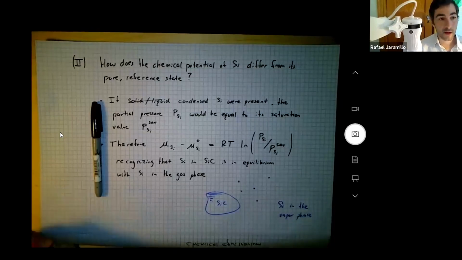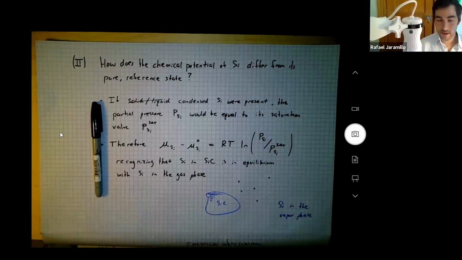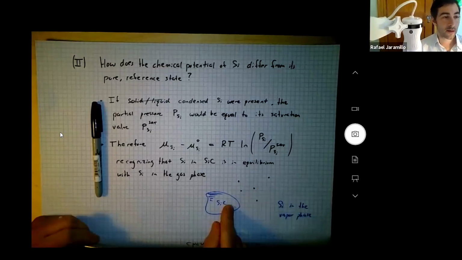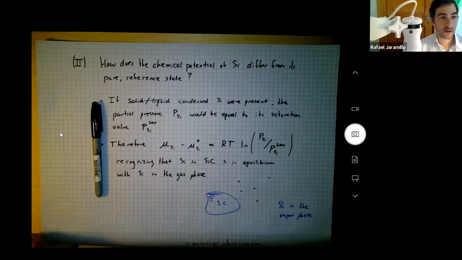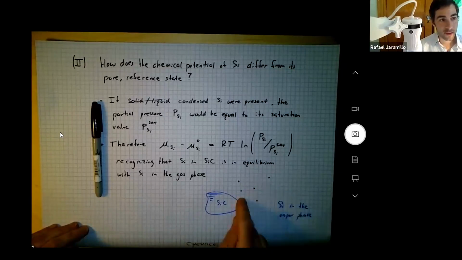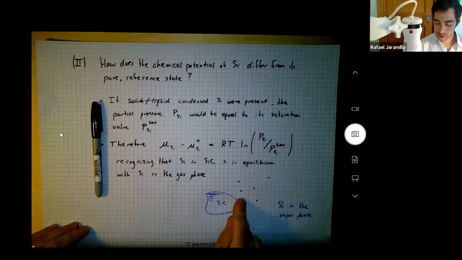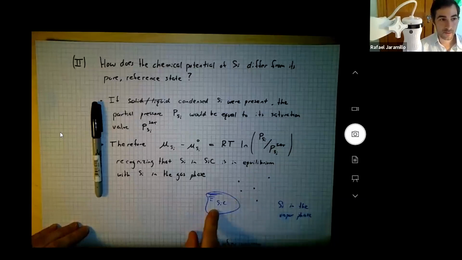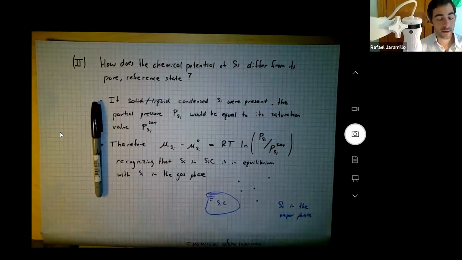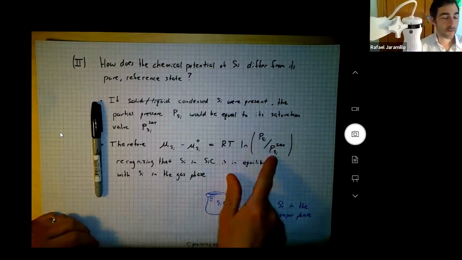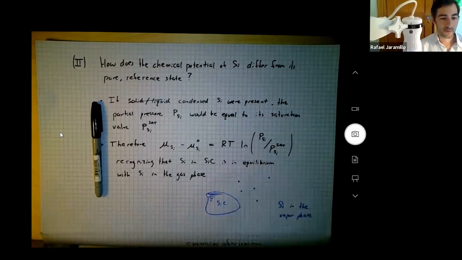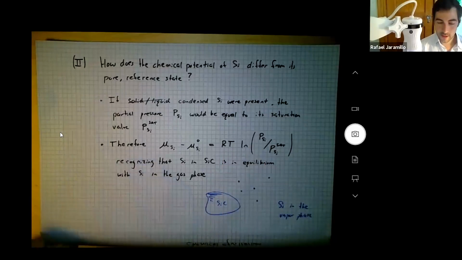You can't see it, but it's there. And you know that the silicon vapor is in equilibrium with the silicon carbide. Those components are in equilibrium because they can freely exchange, so they're in chemical equilibrium. Whatever the chemical potential of this vapor phase is, it's the same as the chemical potential of silicon in this compound. And you know how to calculate the chemical potential of a vapor phase. It's RT log partial pressure over the reference partial pressure. Okay, that was cool. We're not done yet.